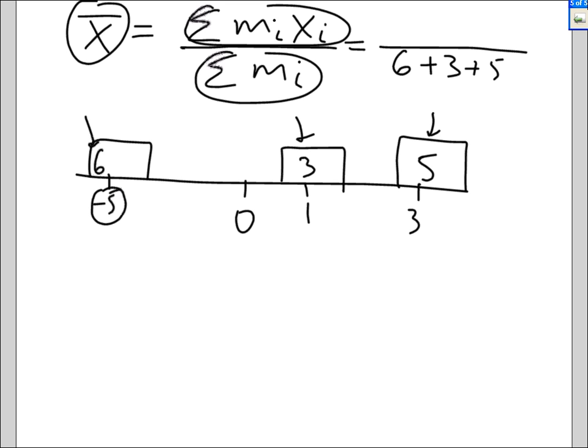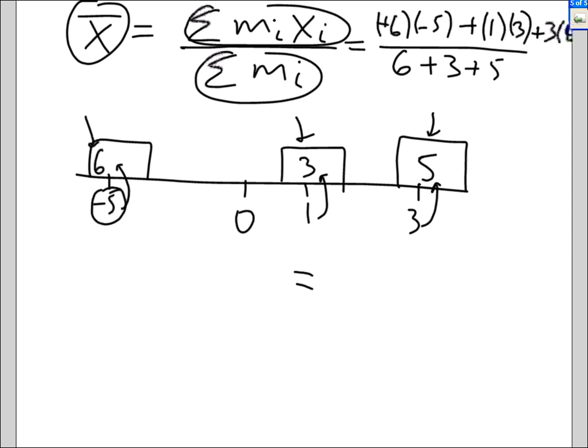And then you just multiply. 6 times -5 is -30, plus 1 times 3 is 3, plus 3 times 5 is 15.